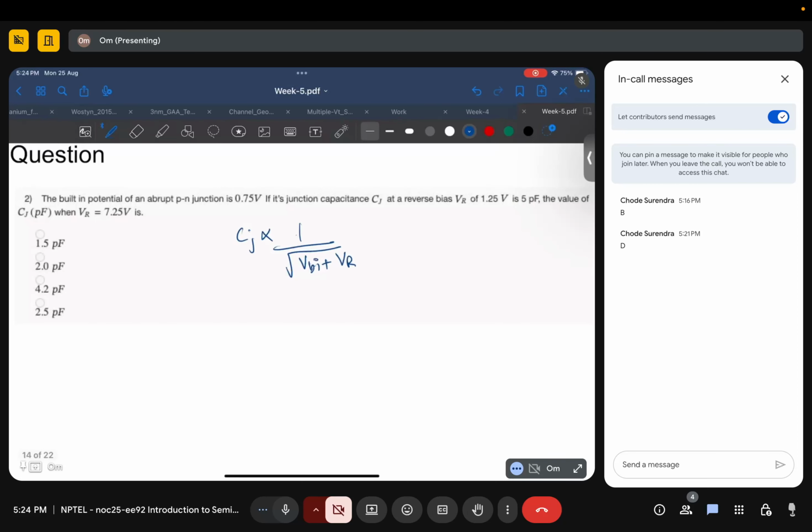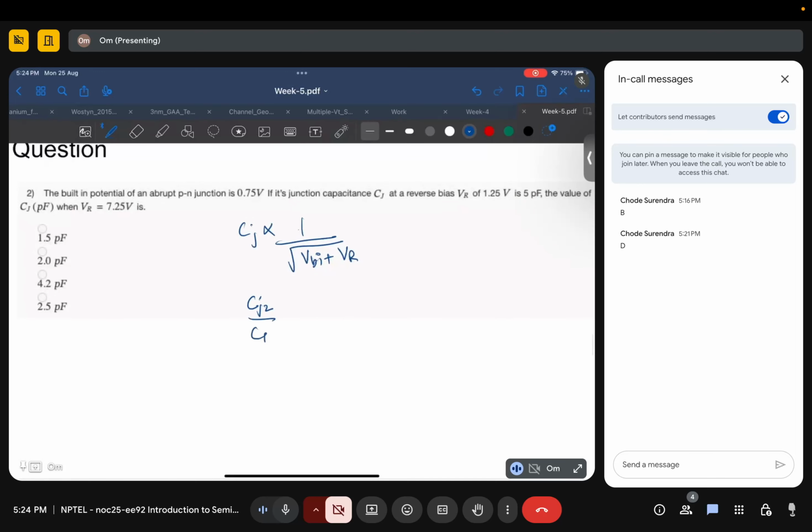So if you want to find Cj2 by Cj1, it will be under root VBI plus VR1 by VBI plus VR2.